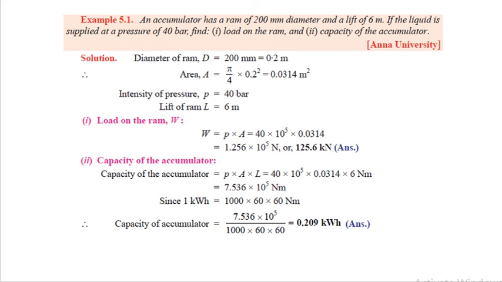If you have to convert it into kilowatt hour, then you have to divide it by 1000 into 60 into 60. In that way you can get the value in kilowatt hour, that is 0.209.